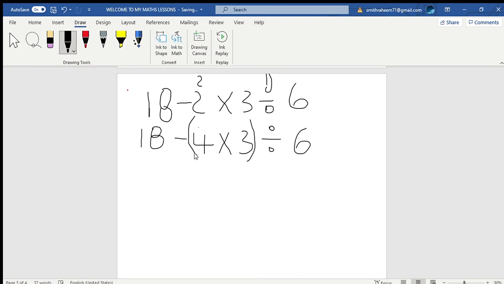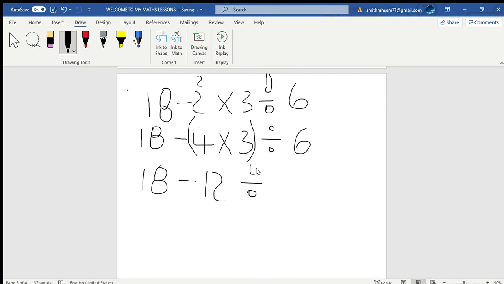Alright, so to multiply this, we're gonna have 4 times 3, which is 12. And we're gonna have the minus 18. And we're gonna divide it by 6.